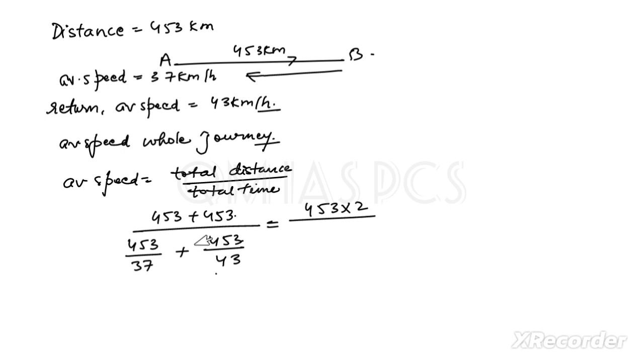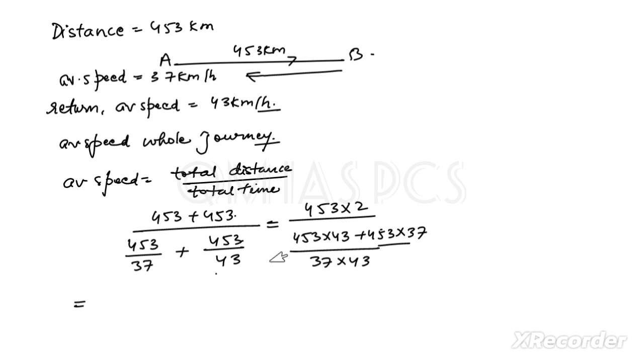It may or may not be divisible, so better we take 37 multiplied by 43 as the LCM, and it will be 453 multiplied by 43 plus 453 multiplied by 37. So we have to solve this one.